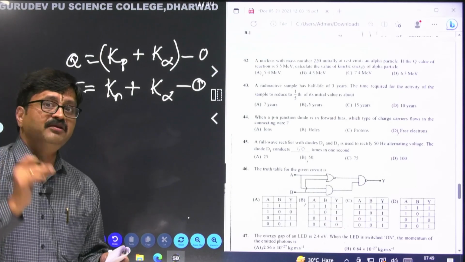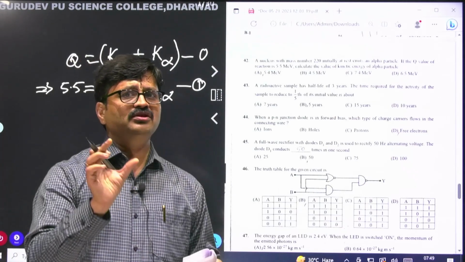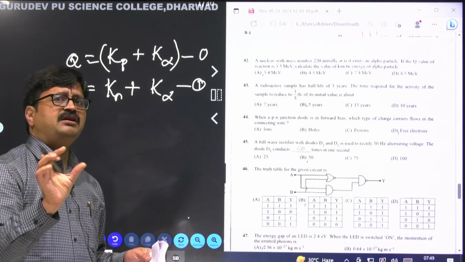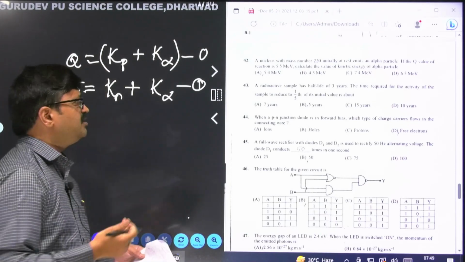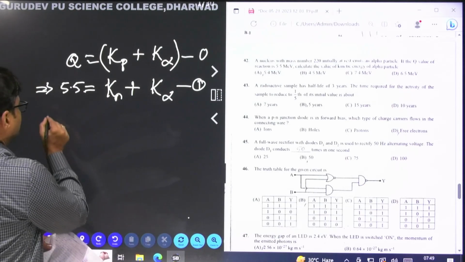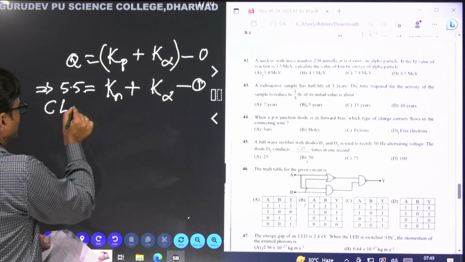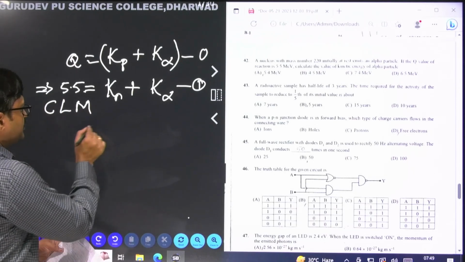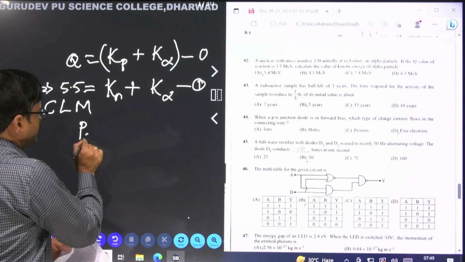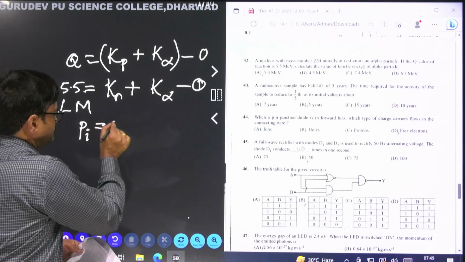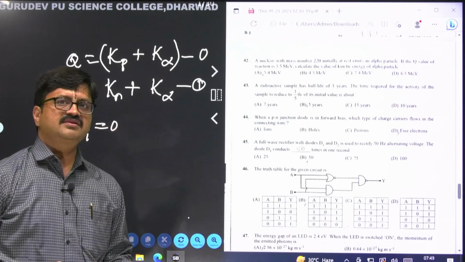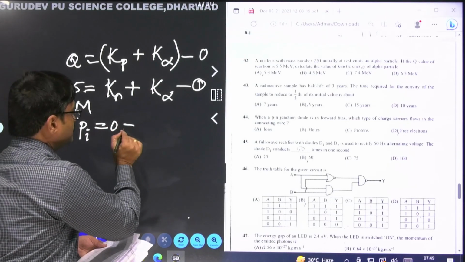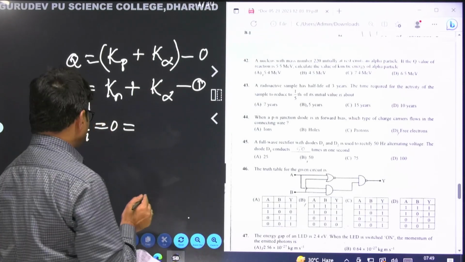Now let us apply conservation of linear momentum, because there is velocity which is coming into play after the reaction. So according to conservation of linear momentum, what is initial momentum here? Pi is 0, right? Because the nucleus is in state of rest. And this must be equal to the final momentum. What is final momentum?